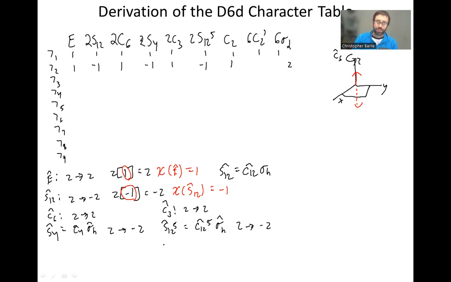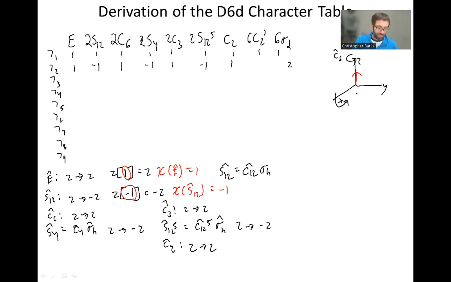A C2 is just a rotation. So we're going to get z go to z. And then we have these perpendicular C2s. And we have 6 of them. And so we can choose to define one of them to be coincident with the x-axis.